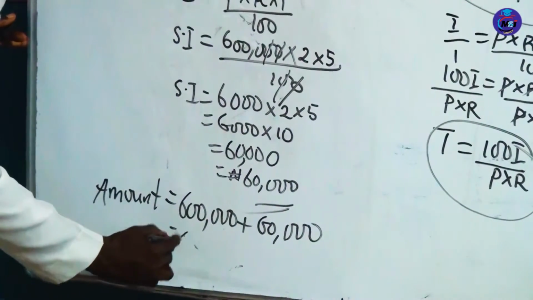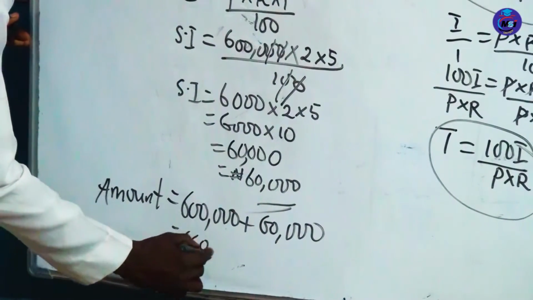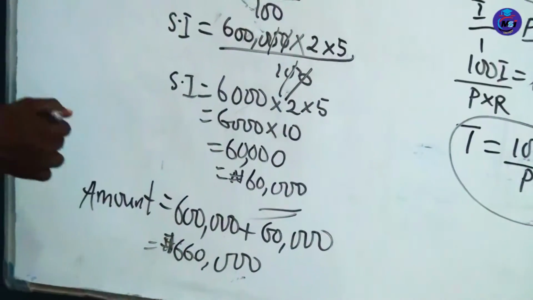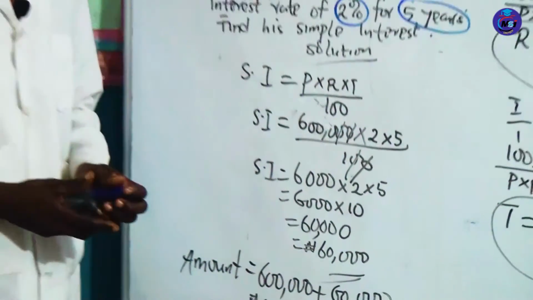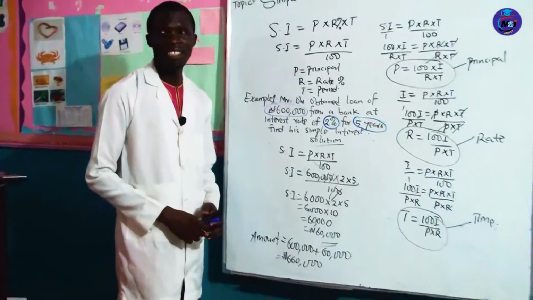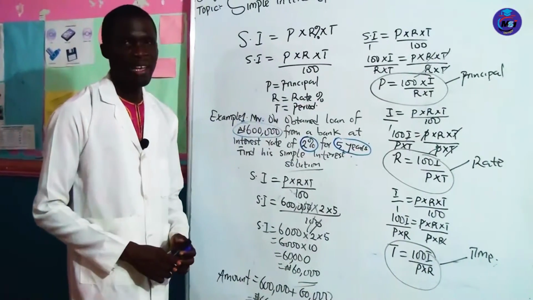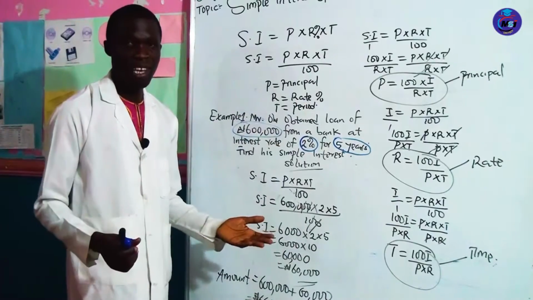So this will give you 660,000 naira. So Mr. Olu is going to return 660,000 naira to this bank at the end of 5 years. I hope you get this.